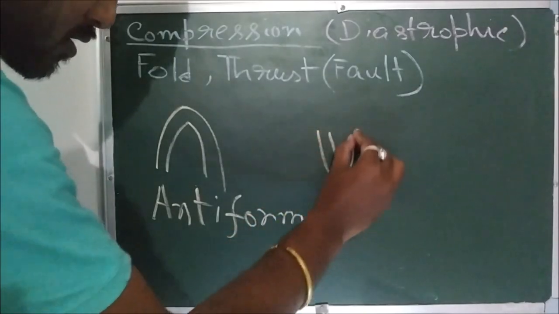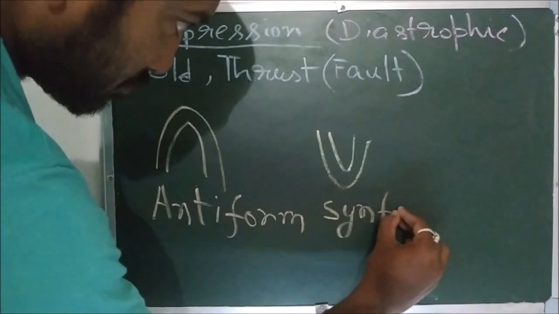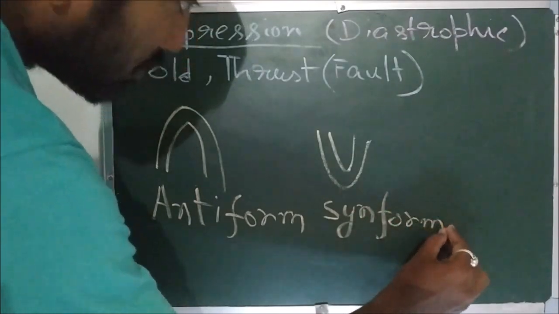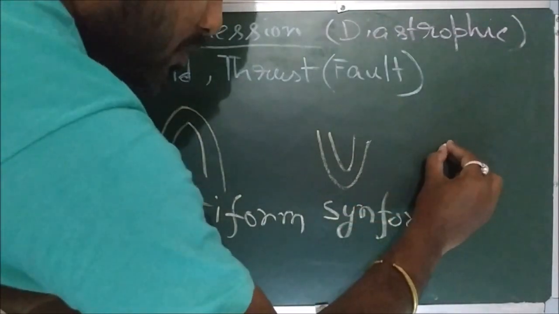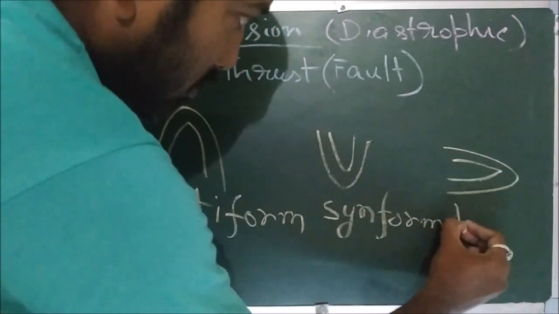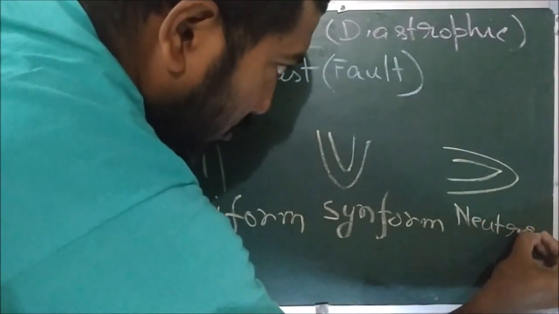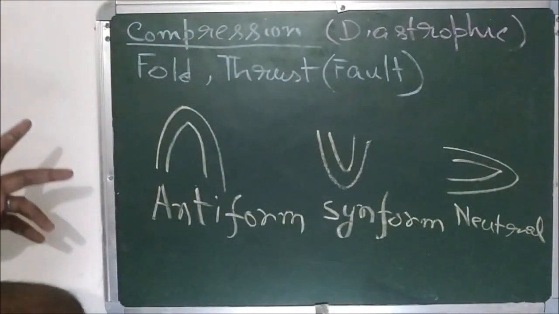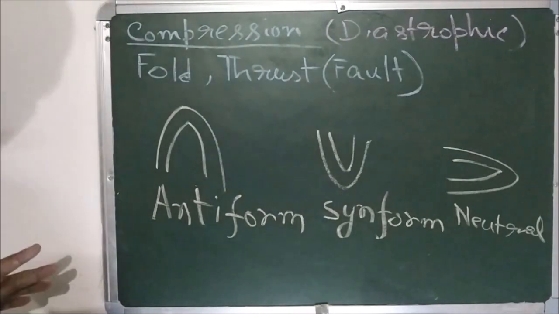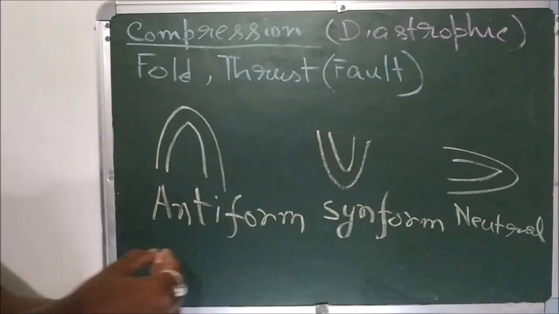Just the reverse, closing downward, they are synform, and those that close sidewise are neutral. Based on the position of closure, these three classifications are there.